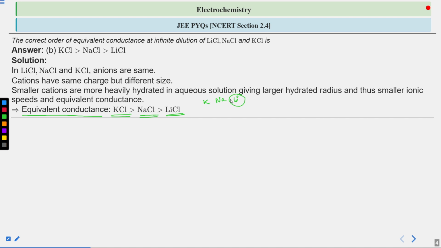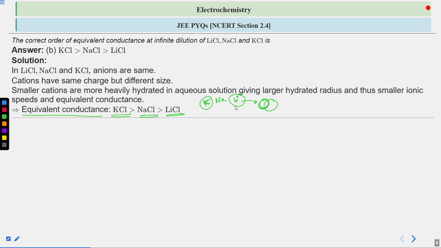If it is smallest in size, that means when it reacts with the water molecule to become hydrated, it will form a bigger radius molecule compared to potassium, which already has the largest size among these three cations.